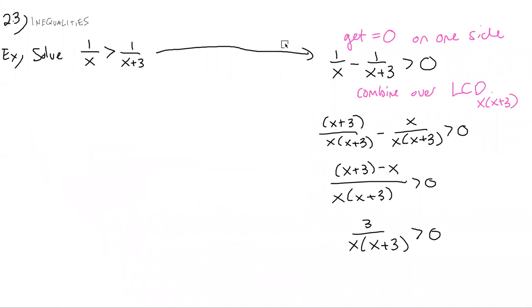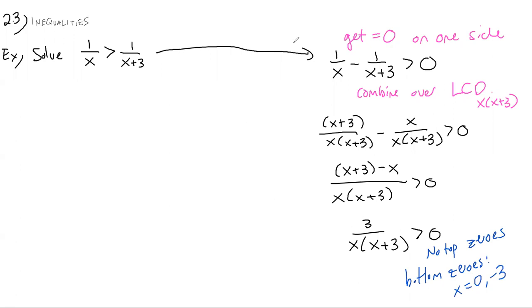So I've got, there's no top zeros. Because it's just 3, and the bottom zeros are at 0 and -3.